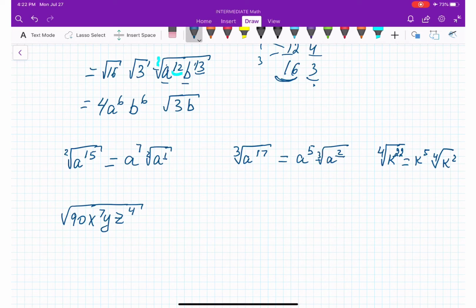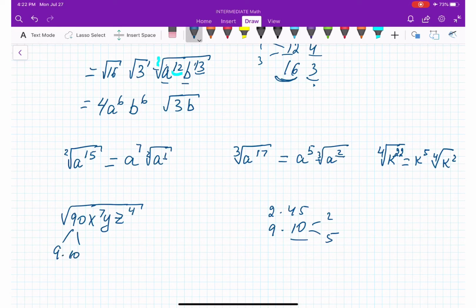All right. So how can we break 90? 2 and 45 is not going to work. I say 9 and 10. Because with 10, nothing comes out, right? You can't even break it down. You can only break down 2 and 5 and no square root from there. 9 and 10, I say.